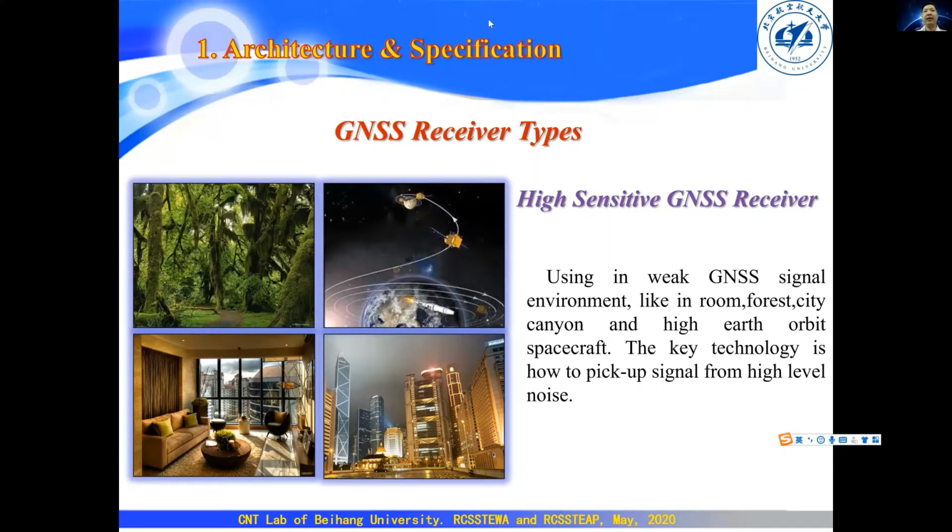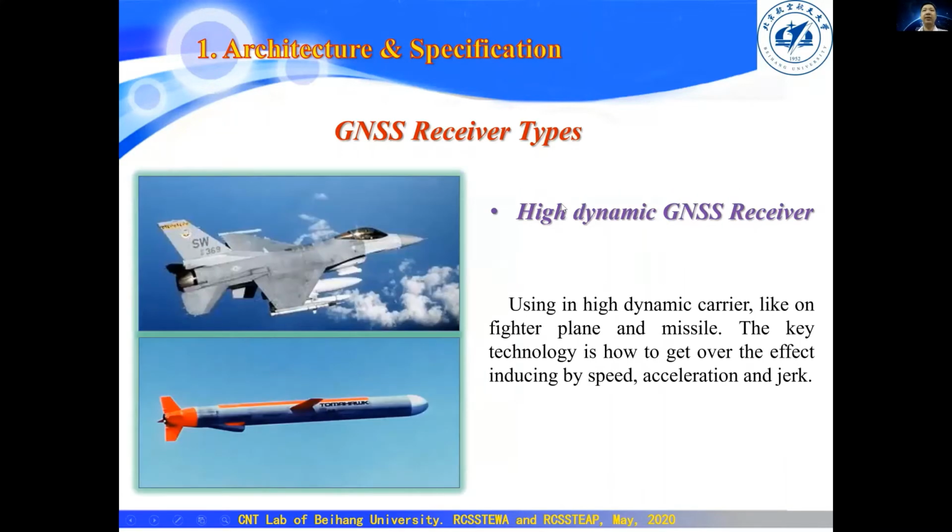The next receiver type is called the high dynamic receiver. The high dynamic receiver is mainly used for fighters and missiles. The key technology of this kind of receiver is how to solve the problem mainly of the Doppler introduced by the speed, acceleration, or jerk.